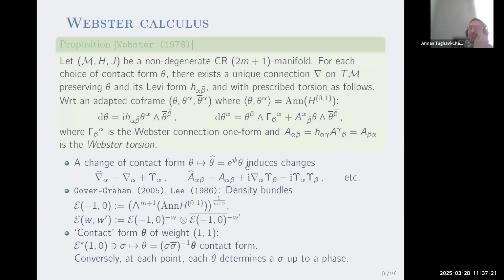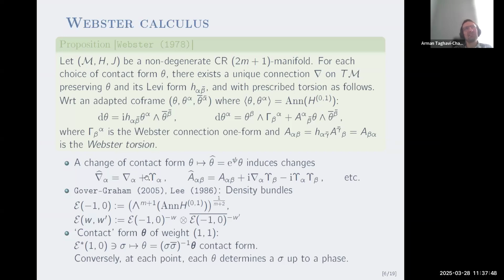Of course, this connection depends on the choice of contact form, and so if I change my contact form by a conformal factor, then I have an induced change of Webster connection, which is quite complicated. I'm only giving you the formula in schematic form.